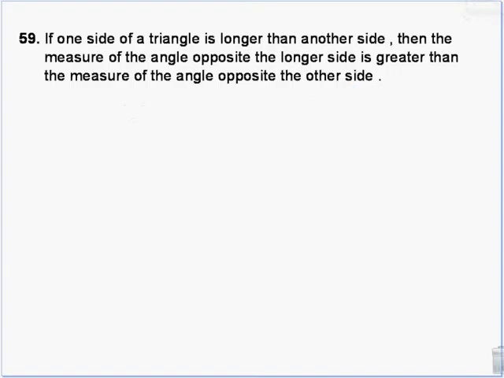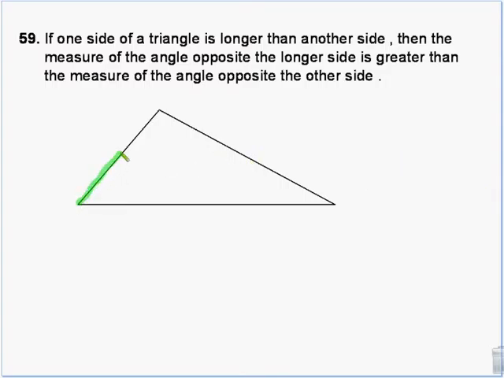Now we have another theorem. So if I have a triangle, and one side is longer than the other side, so I know that this side is definitely shorter than this side. Do we all agree green is shorter than yellow? Okay, so let me label them. A, B, C. So AB is less than BC.